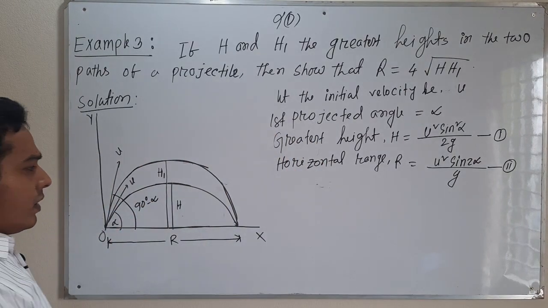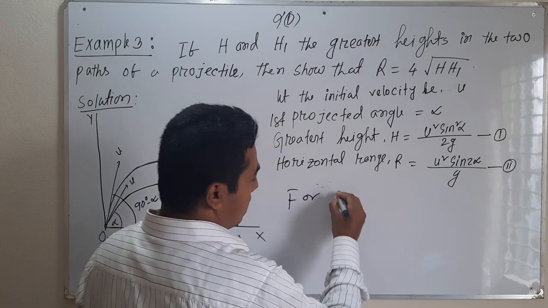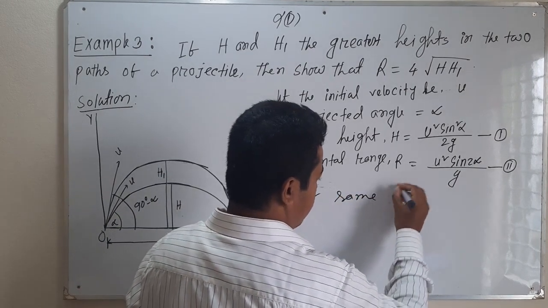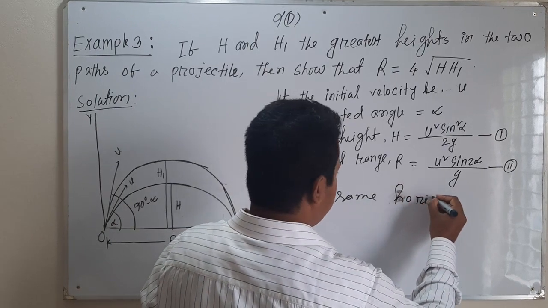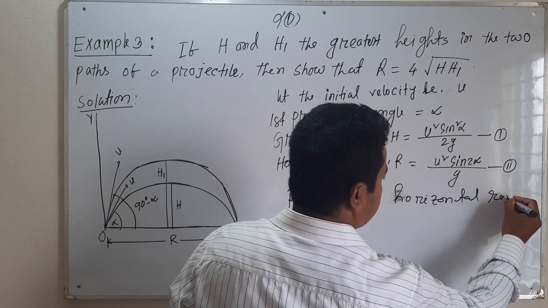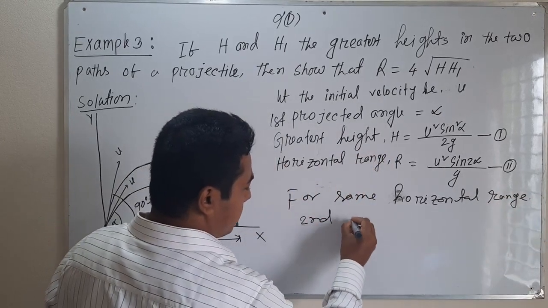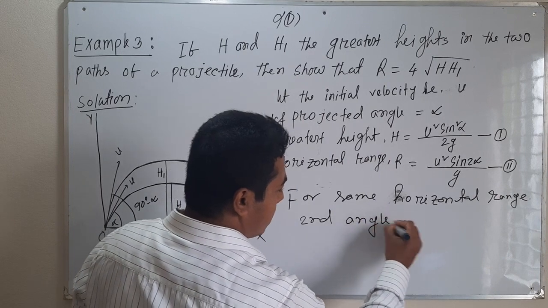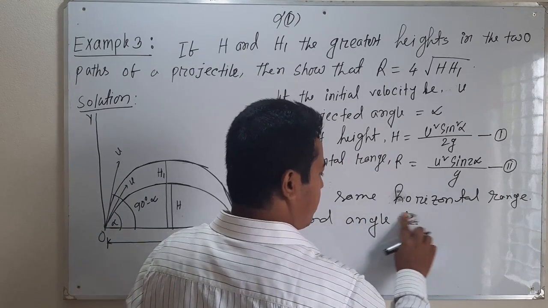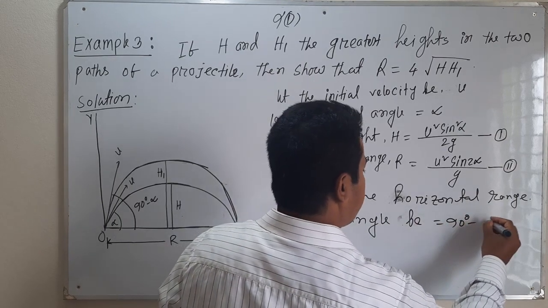Okay. Now for the same horizontal range, let the second angle be 90 degree minus alpha.